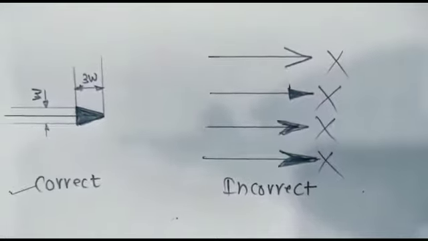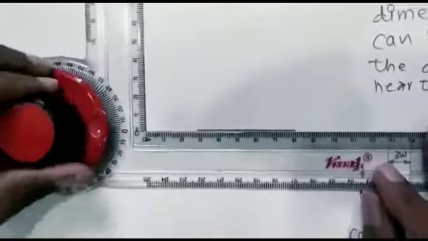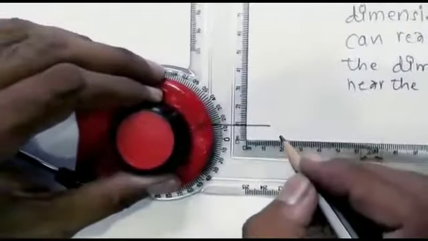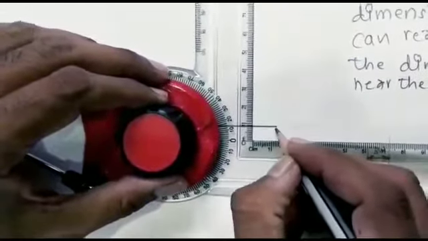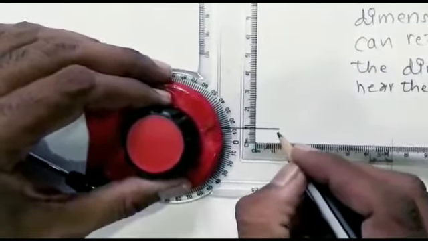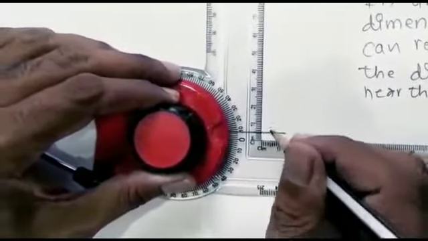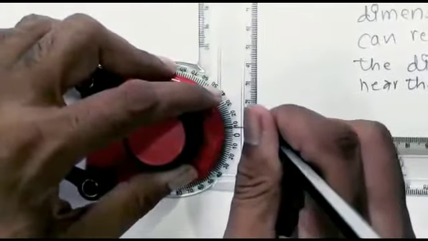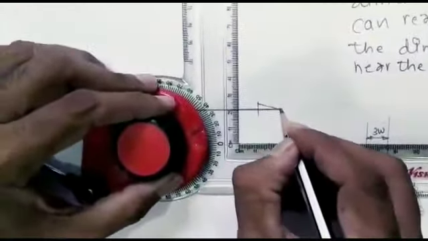We will take an example of how to draw the arrow. This is the line where we have to draw the arrow. You must come back 1/3 distance, and the line should be exactly perpendicular, and draw the arrows.